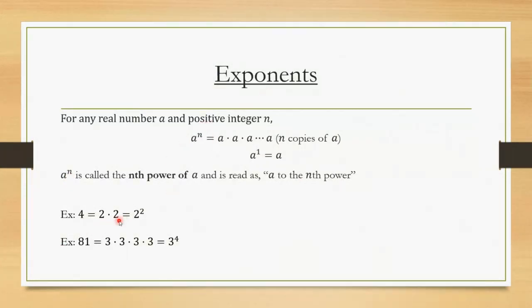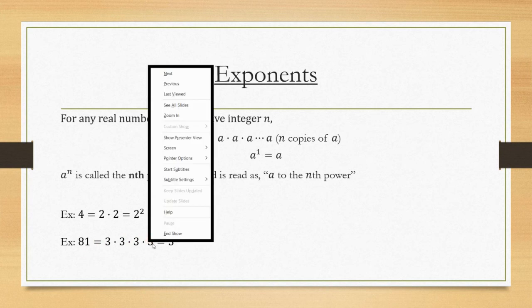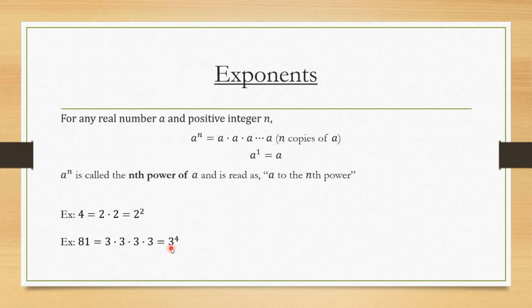With this new notation, this exponent, we have 2 squared. 81 is 3 times 3 times 3 times 3, which is the same as 3 to the 4th. So 3 is the base, 4 is the exponent, right? We have 4 copies of 3, and we're multiplying them together. That's what we're doing here.